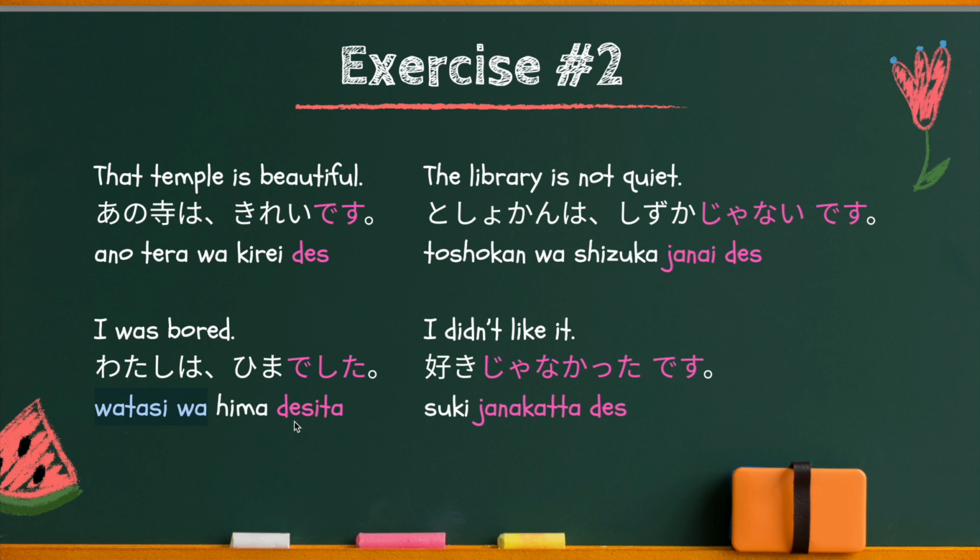So, I will read the sentence, so please repeat after me. あの寺はきれいです。私は暇でした。図書館は静かじゃないです。好きじゃなかったです。Very good job.